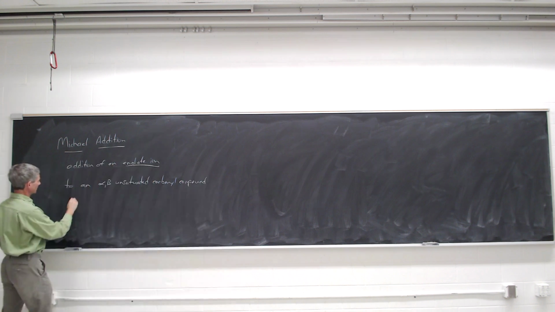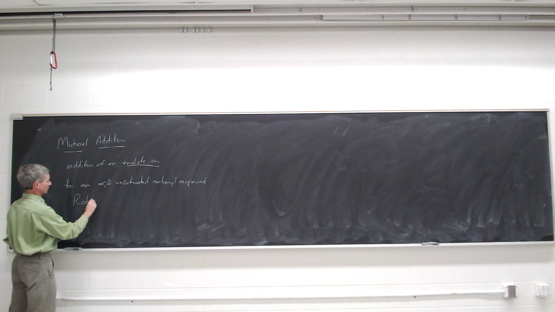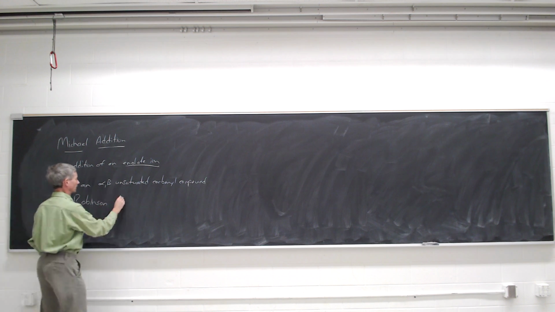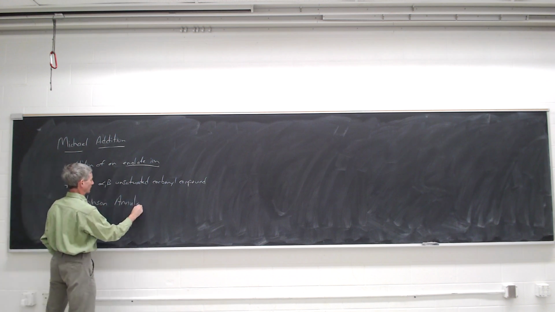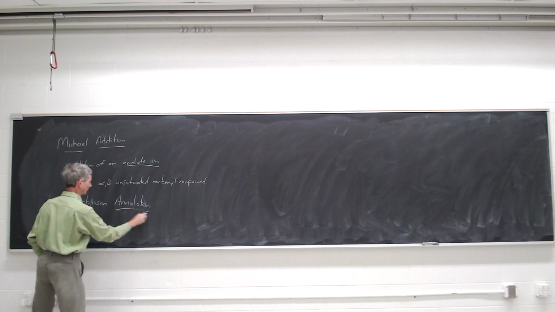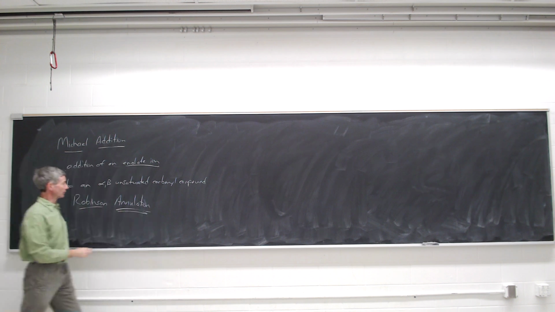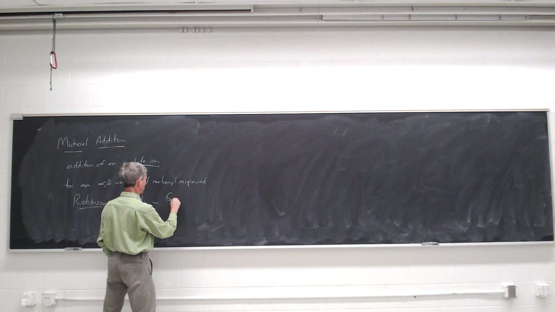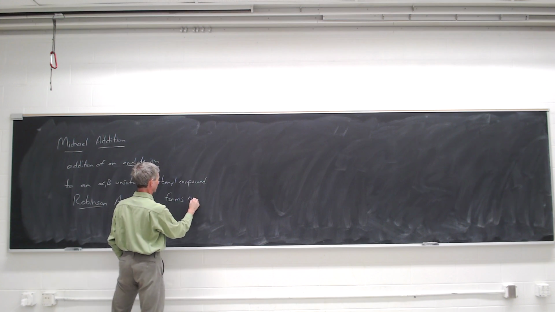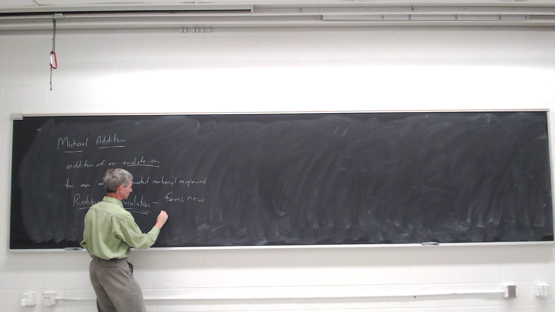And the related Robinson annulation, which forms new rings, often 6-membered rings.